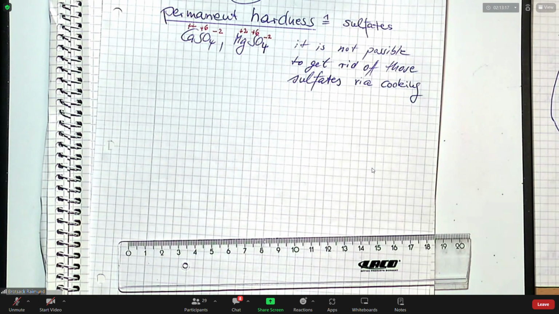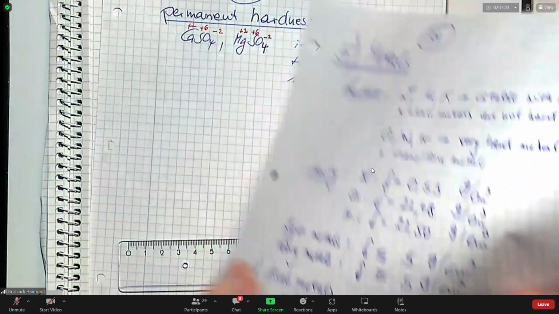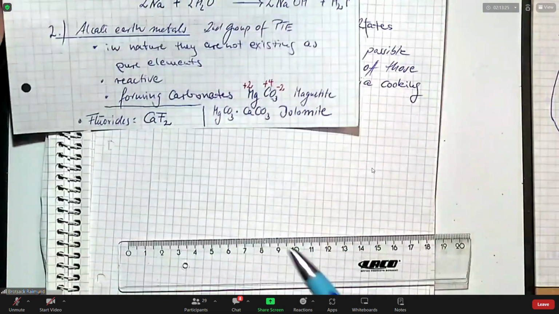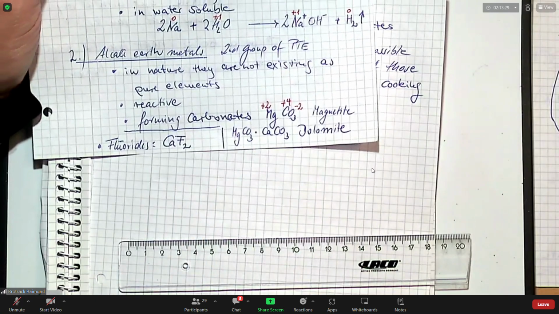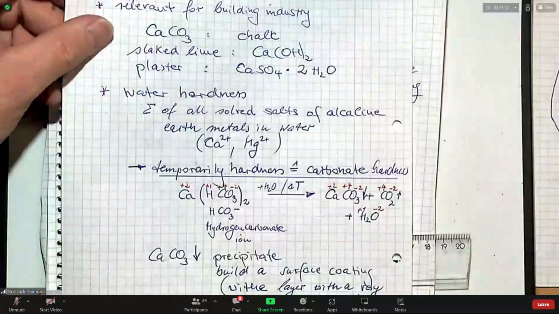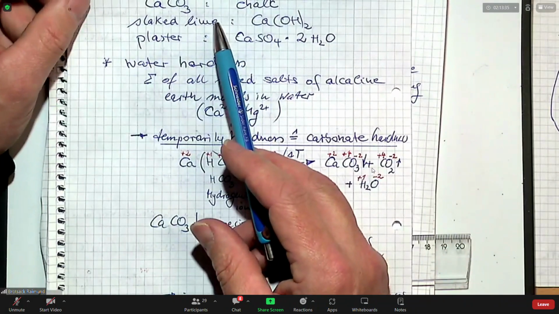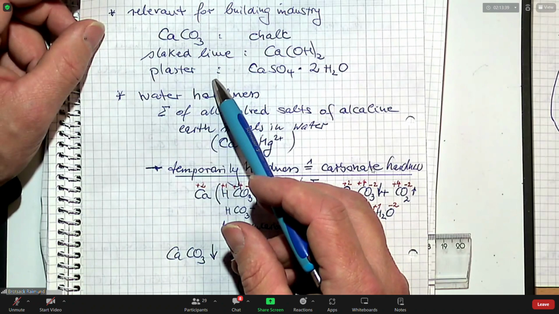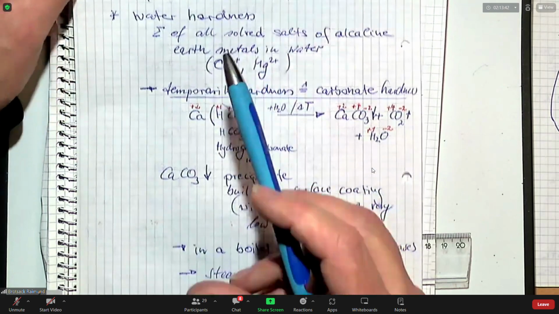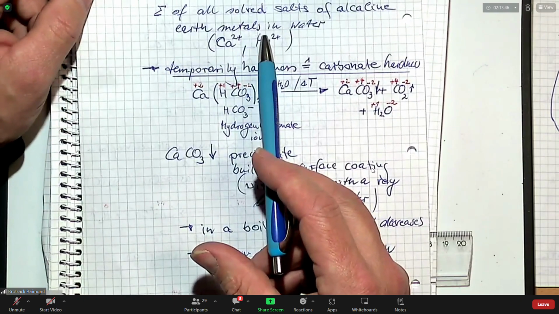So the alkaline earth metals are relevant. They are the carbonates, magnesite, dolomite, fluorites, and they are relevant in the building industry as chalk, slaked lime, plaster, and very important because they form the hardness of water.